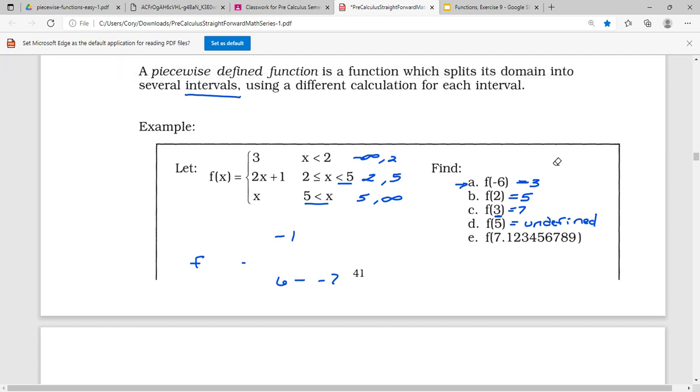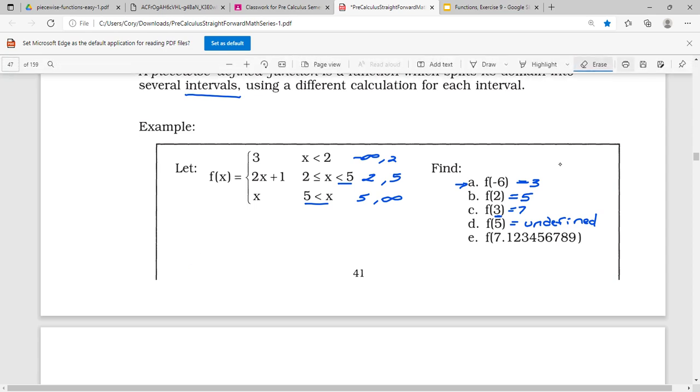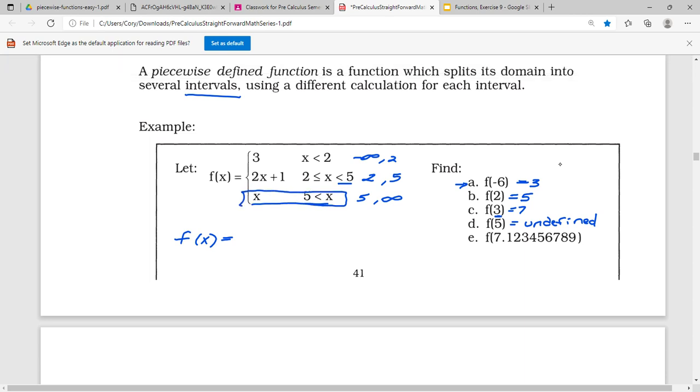All right, this last one is 7.123456789, and that would be greater than 5. Because that number is greater than 5, we need to find f of x in this category right here, greater than 5, so f of x equals x.